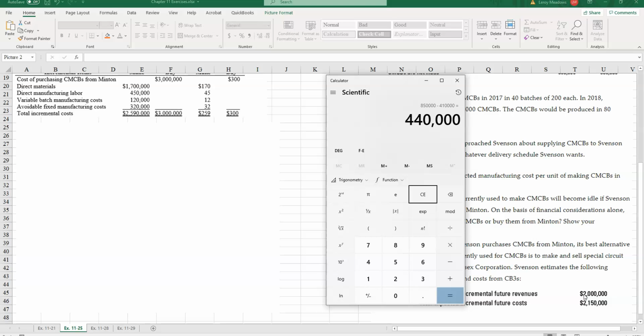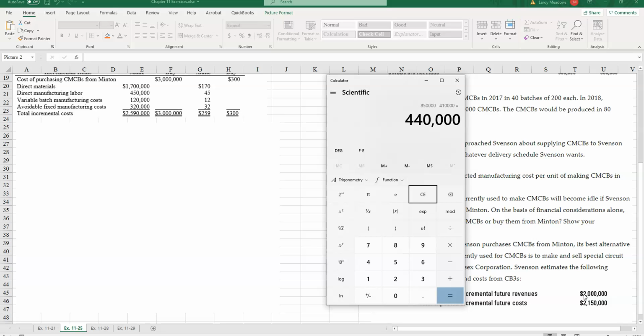In that situation, based on financial terms, we would consider going ahead and outsourcing this, because freeing up that capacity is going to generate even more operating income than what I'm losing by outsourcing. So these are some of the situations where we have an alternative use of the idle facilities, the capacity that we have. Now we have freed up capacity.